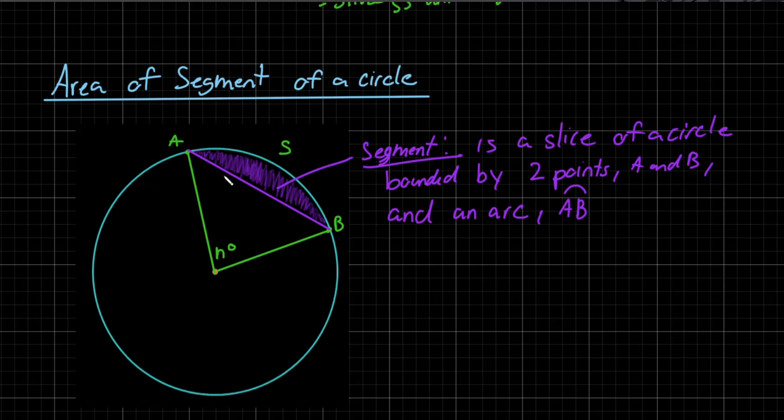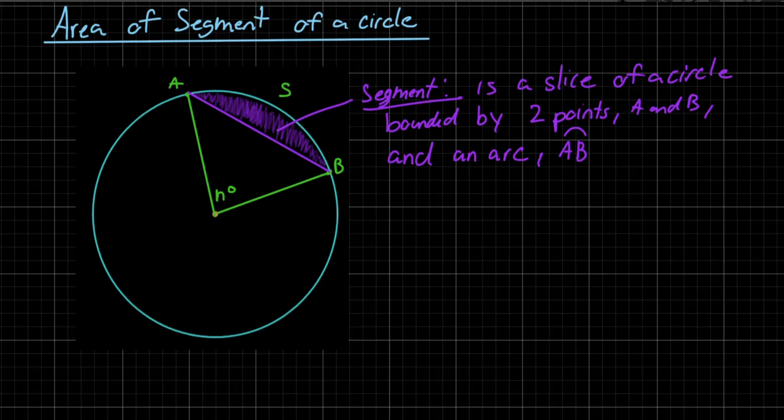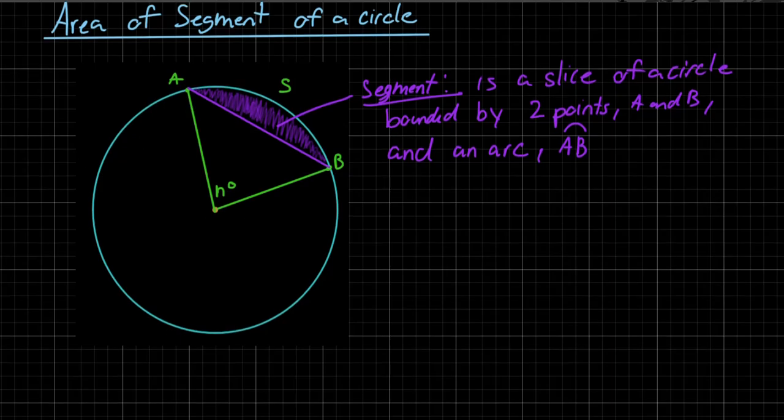Ashley, want to help him out? What do you call this entire region? Yeah, sector. So to find the area of the segment, we have to take the sector, which is the entire thing, which roughly looks like that. So this is our sector.